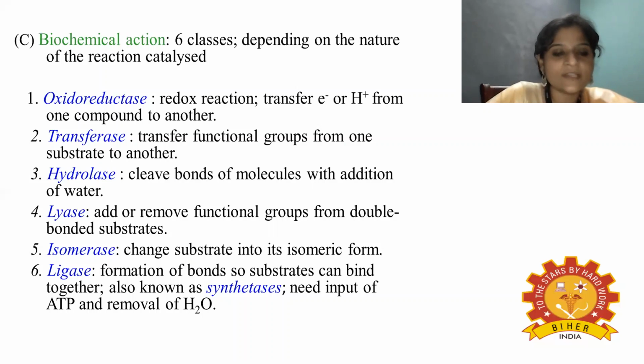So oxidoreductase, redox reaction, transfer of electron or hydrogen from one compound to another. So this oxidoreductase enzyme is basically we term it with redox reaction. Okay, so they transfer electron or hydrogen from one compound to another.